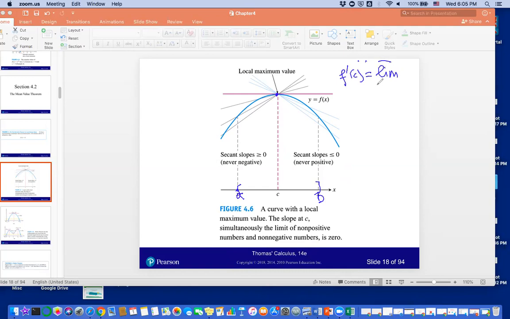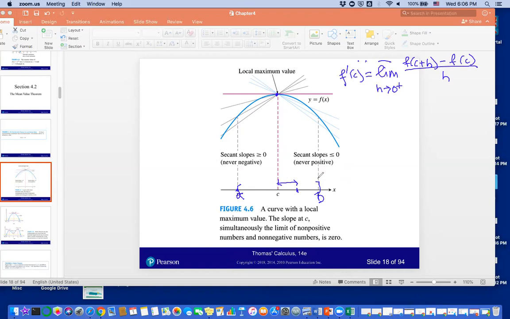This is the limit as h goes to 0, I'm going to say from the right, of f of C plus h minus f of C divided by h. Let's see that h is going to be this distance.